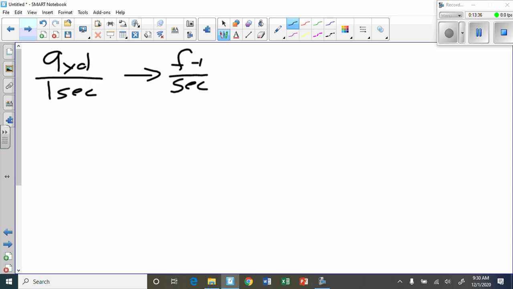There's my original problem. I write down what I want to convert. Now, I write down what my unit multipliers are going to be. What are going to be my conversion factors? Do I want to change my time or do I want to change my measurement? Measurement. So what's my relationship between yards and feet?